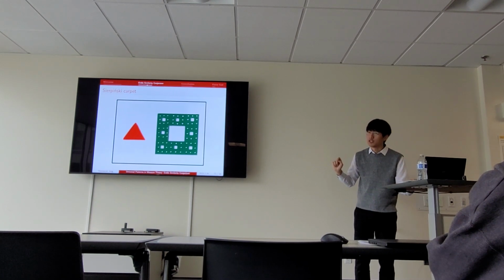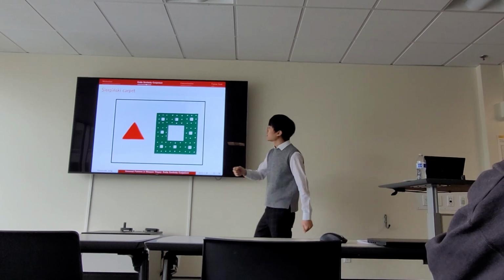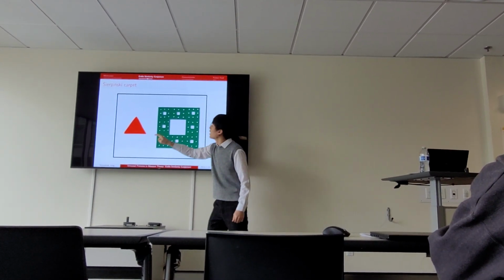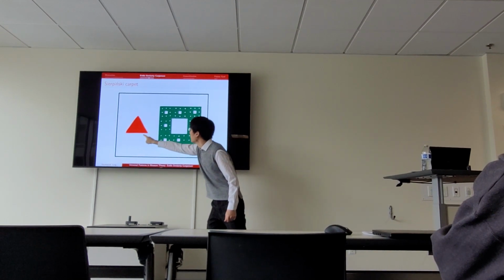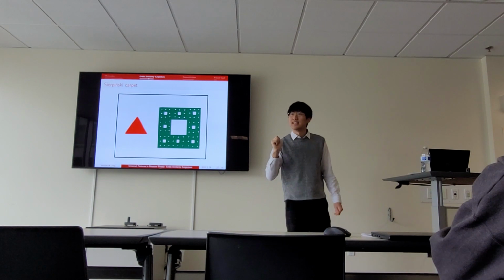We can ask a similar question. Since we want to check if infinite sets are universal or not, take this red triangle that has an infinite number of points inside. Can we put this infinite set triangle inside this Sierpinski carpet using the three operations that I initially used?